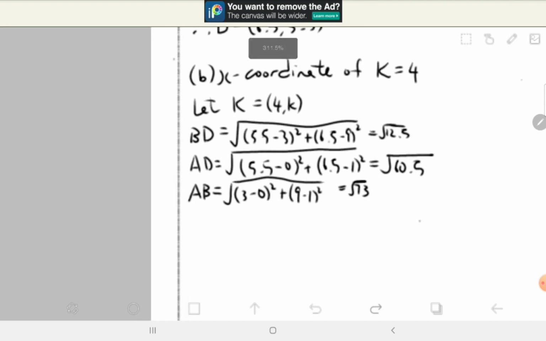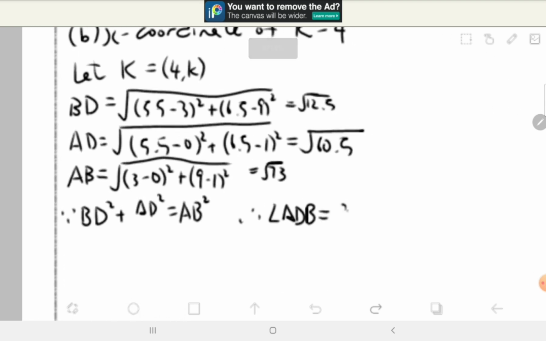Then we can find out that BD squared plus AD squared equals AB squared. Therefore, we can prove that angle ADB is 90 degrees by using the converse of Pythagoras' theorem.